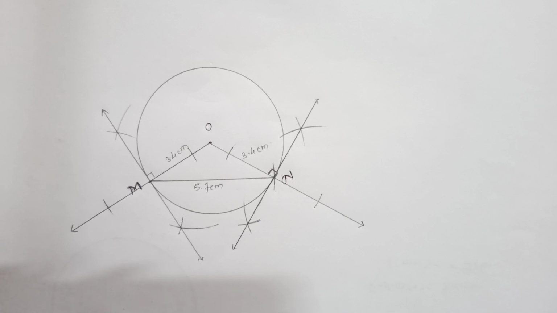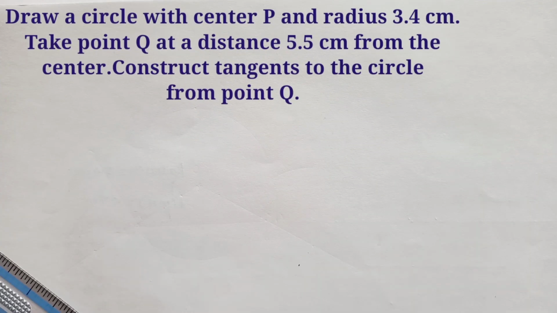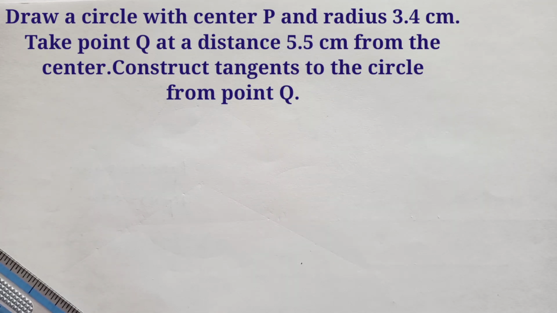Question number 6, in which we have to draw a tangent from the exterior point of a circle. The question is: draw a circle with center P and a radius 3.4 cm. Take a point Q at a distance 5.5 cm from the center.